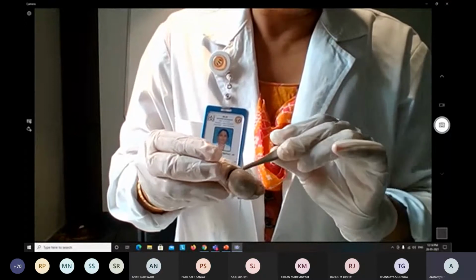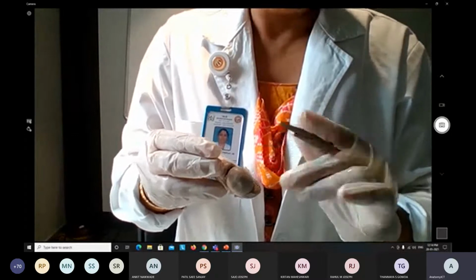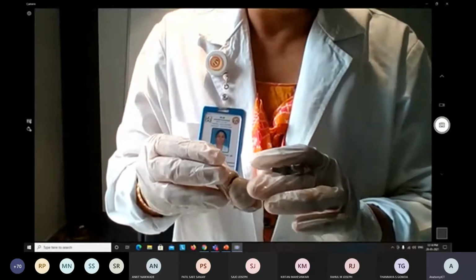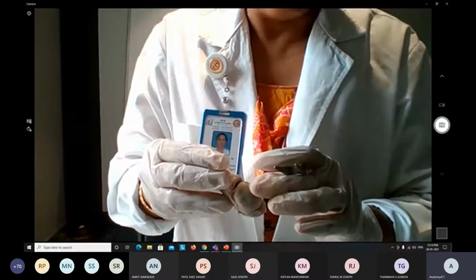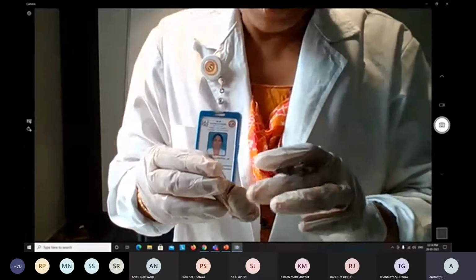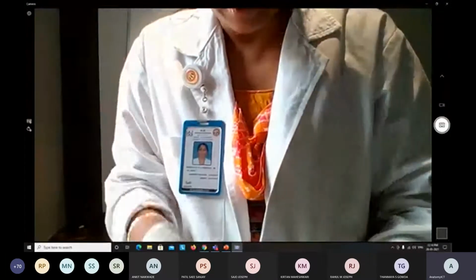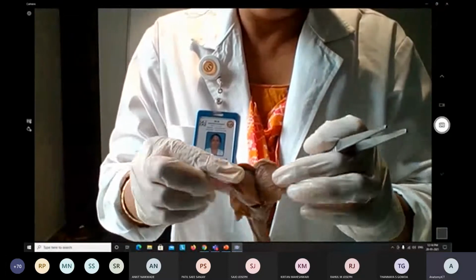Then one covering which is very much adherent to the testis, you cannot separate it from the testis. That is the tunica albuginea. Clear? Now this tunica albuginea enters inside the substance of the testis, and see here, this is the cut section.